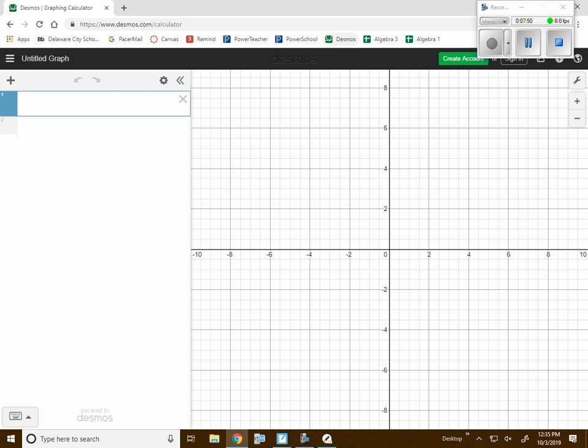All right, as soon as you get to Desmos, you are going to put in that first f of x function straight into that first row there.